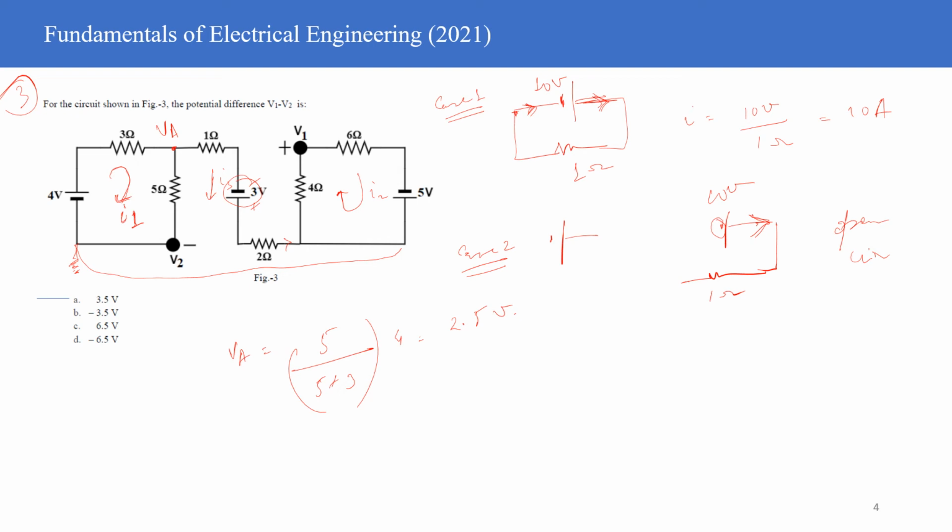It's based on voltage division across resistance, right? So you have 5 and 3 ohms given to you. You can figure out the voltage across these two resistances using the concept of voltage division across resistance, right?